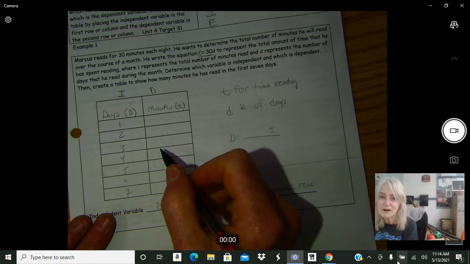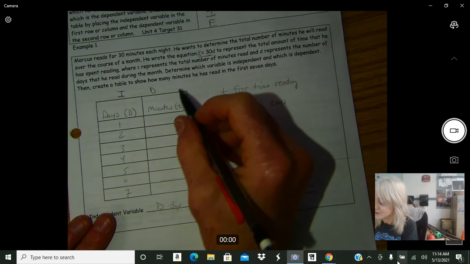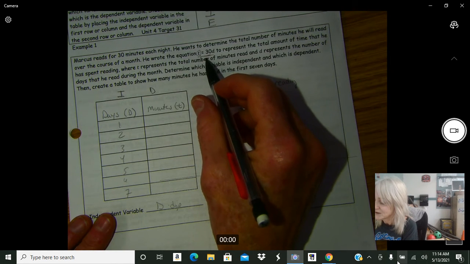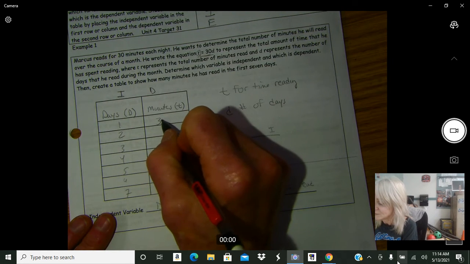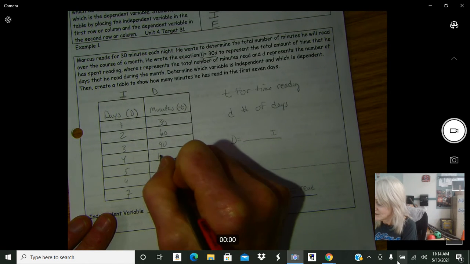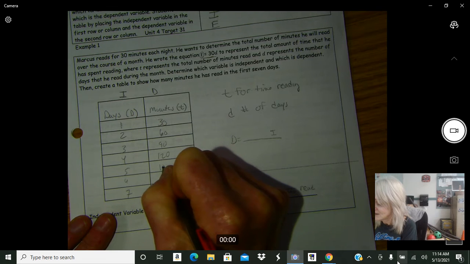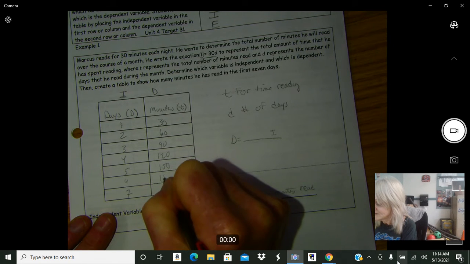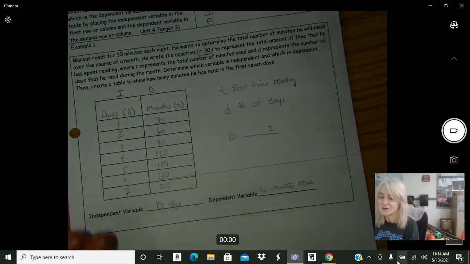But the minutes he read does vary. So in one day, Marcus would read 30 because 1 times 30, 2 times 30, 3 times 30, 4 times 30, 5, 6, and 7 times 30. So hit pause and make sure that all of that makes sense. But again, I will keep going.